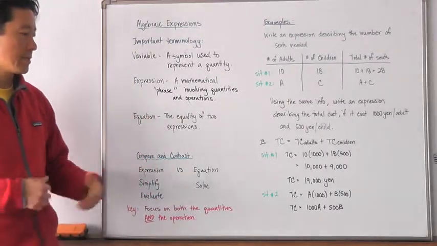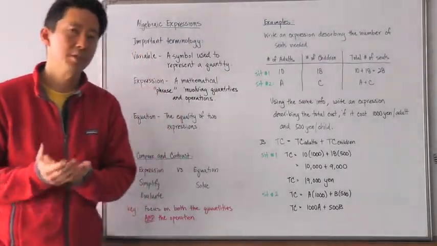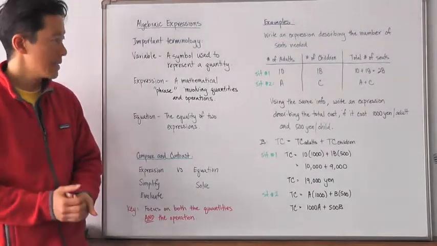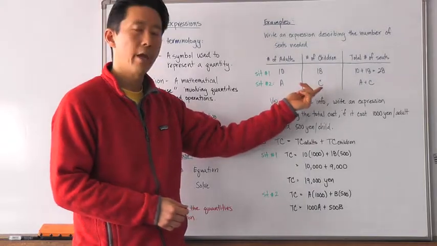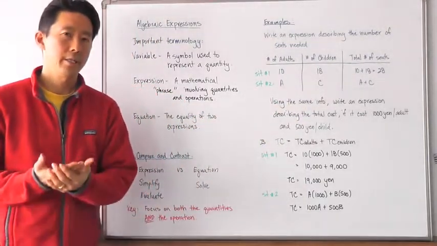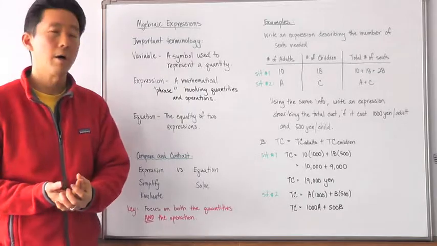Now again, take a look at what's going to happen in situation number 2. Situation number 2 is slightly different, because again, we don't know exactly how many adults or how many children we have, but we can still generate an expression that is going to express the total cost.